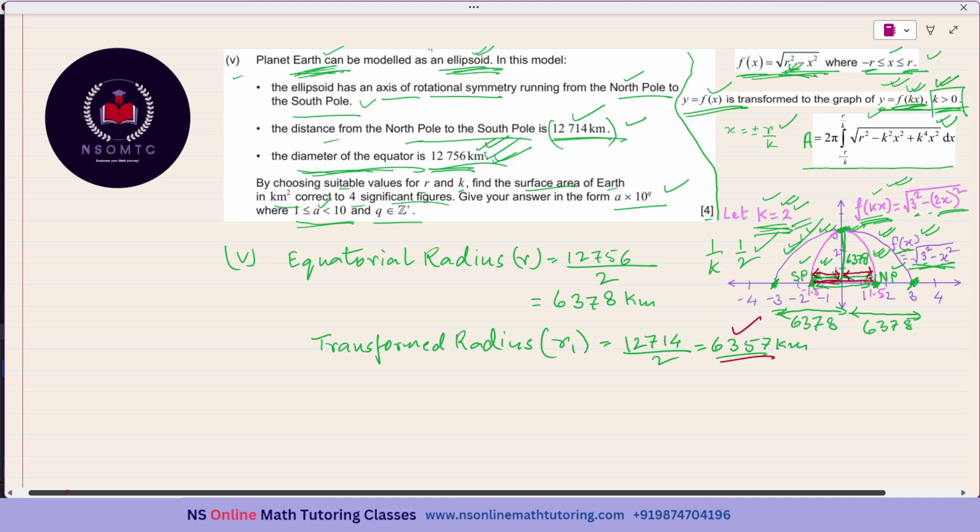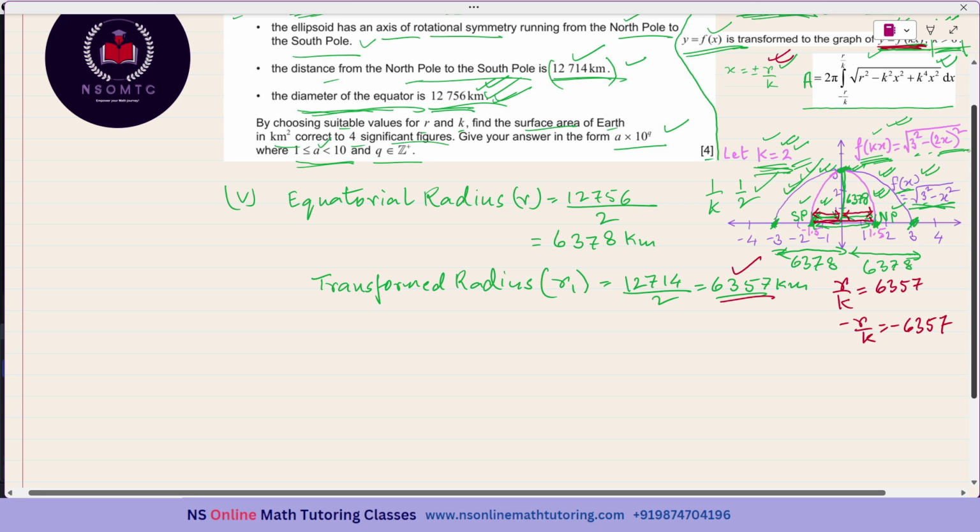And what did we get as the x-intercepts of the y equal to f of kx function? One is plus r over k and the other is minus r over k. So r over k will be equal to 6357 and minus r over k will be equal to negative 6357. Clear? Now, r was the original radius of the semicircle, which is 6378.